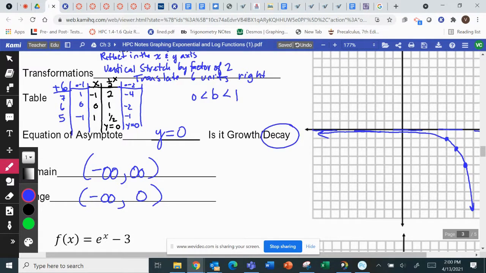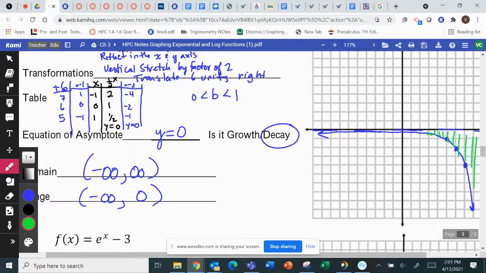I feel like you could argue either way. That's why I'm asking. I told you to go and use the base, but really this is getting bigger away from the asymptote. You see that right there? I think you could argue that it is growth.